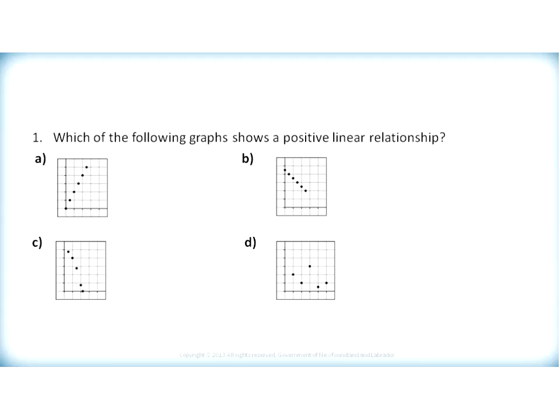Well, when it comes to this problem, if we look at number B, as our independent variable, our x variable, which is right here, gets larger, our dependent variable, which would be over here, is getting smaller. It's going down as x gets bigger. So this would not be a positive relationship at all.